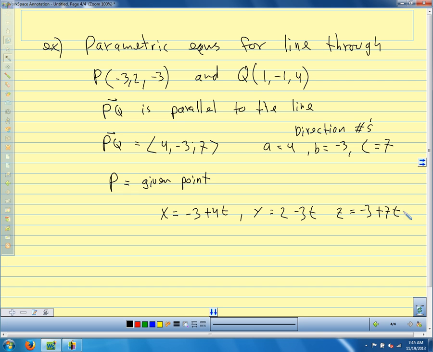So that would be a set of parametric equations for the line through these 2 points. And when t equals 0, I get this point. Questions?